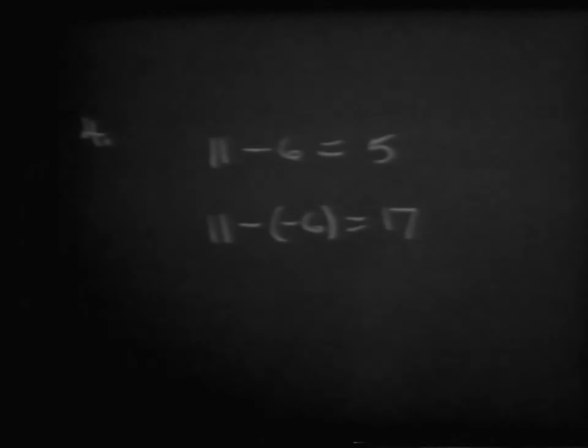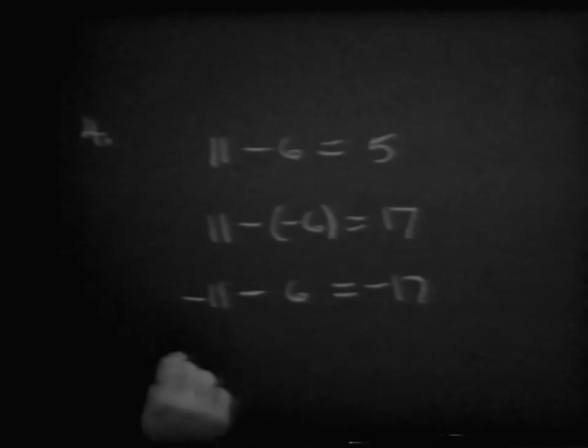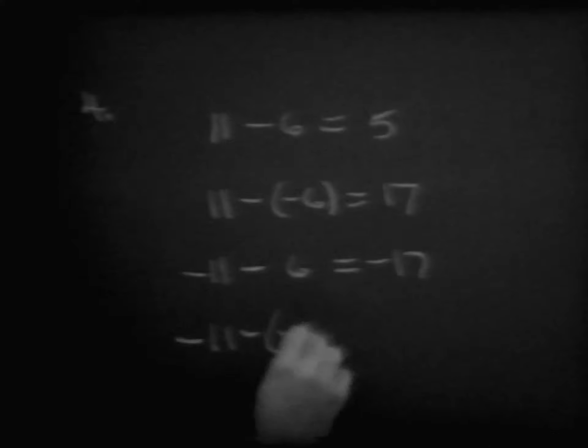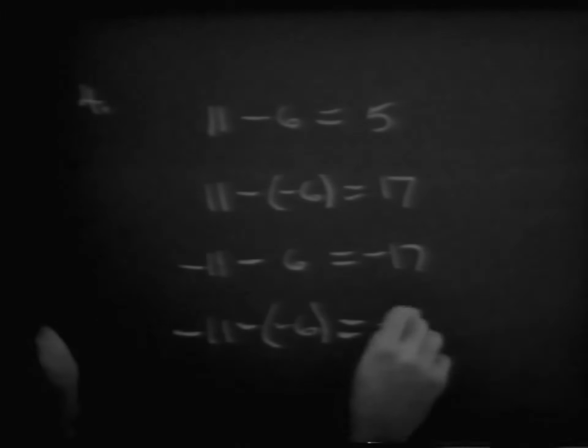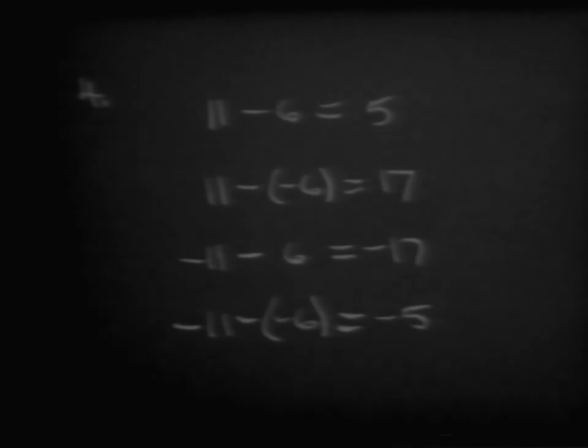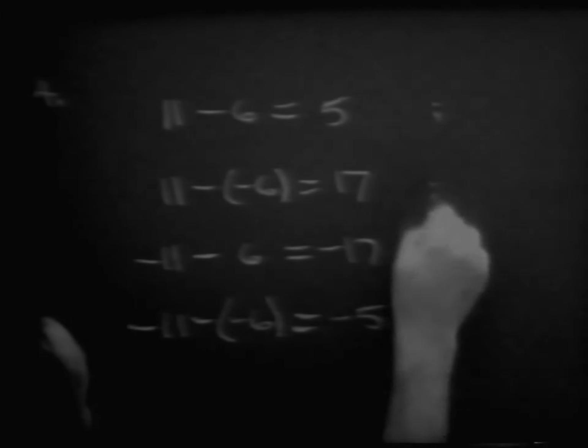Is everyone convinced of that? It's equal to 17. All right, let's look at negative 11 minus 6. Steve says negative 17. And let's try negative 11 minus a negative 6. What's negative 11 minus negative 6? Ken says negative 5. Is everyone convinced of that? Negative 5, all right?